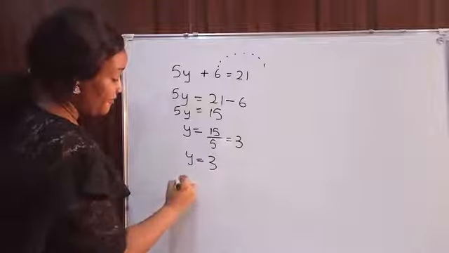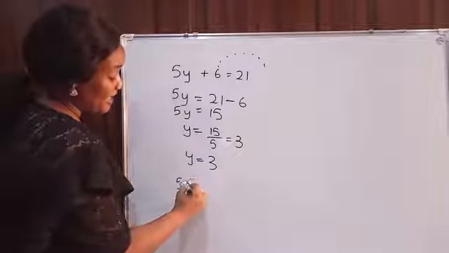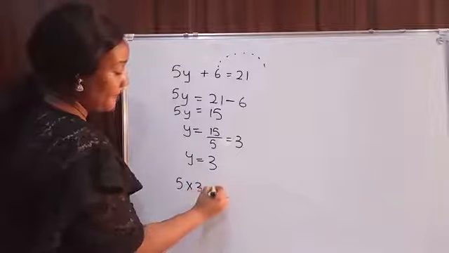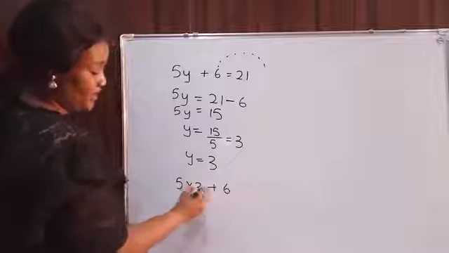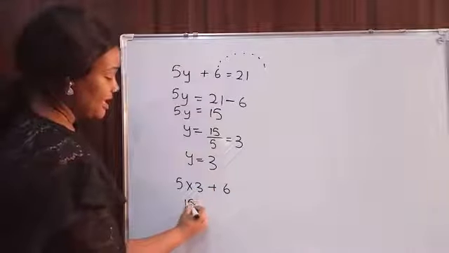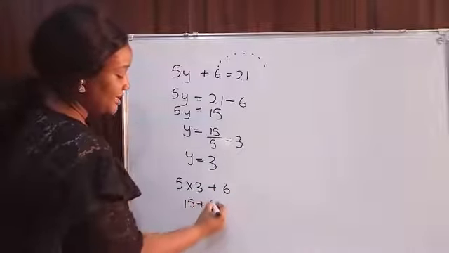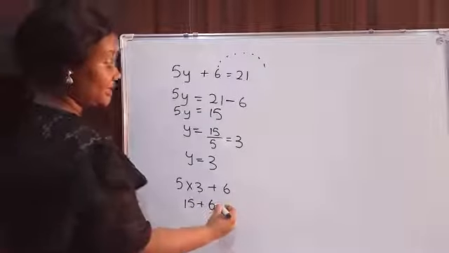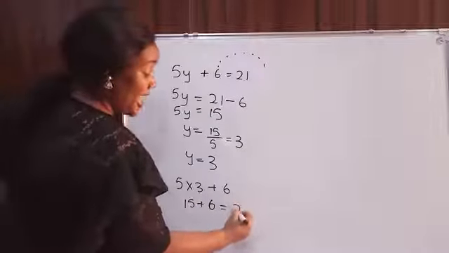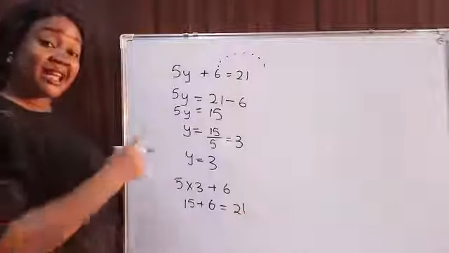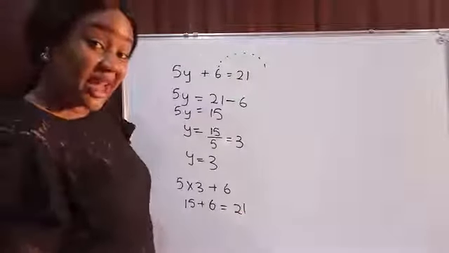We have 5 times 3 plus 6. What's 5 times 3? 15 plus 6. And does it give us 21? You bet it does. So we were actually right.